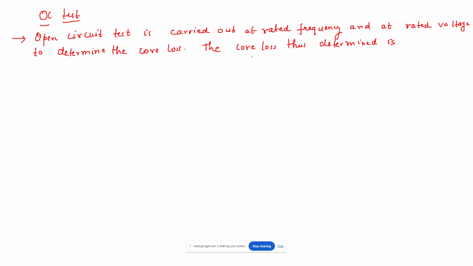I was writing that the core loss thus determined. Basically you do the open circuit test at rated frequency and at rated voltage to determine core loss. These are very important lines.